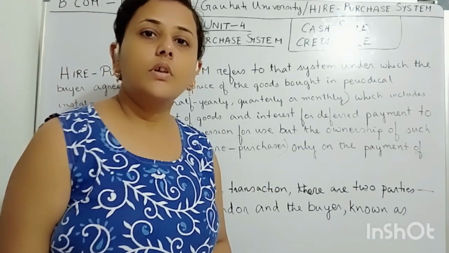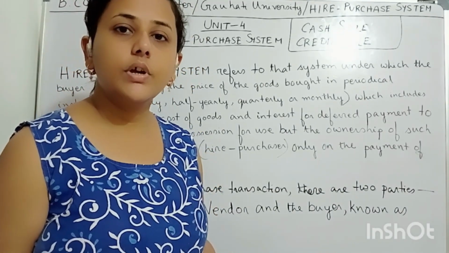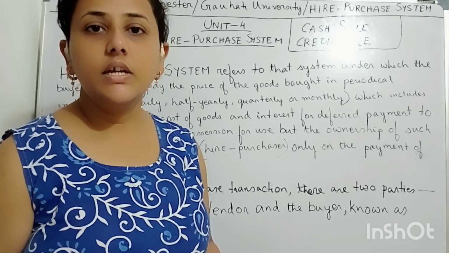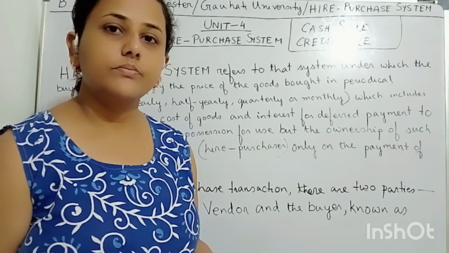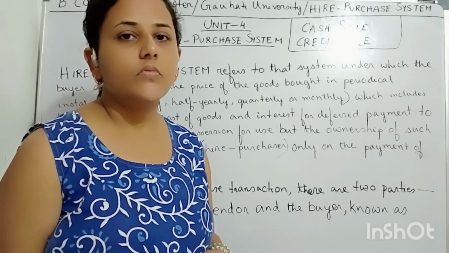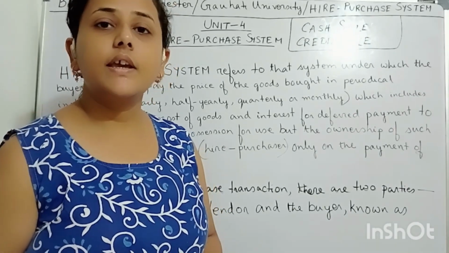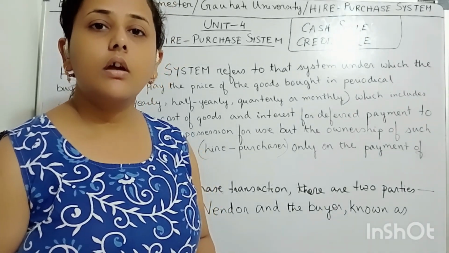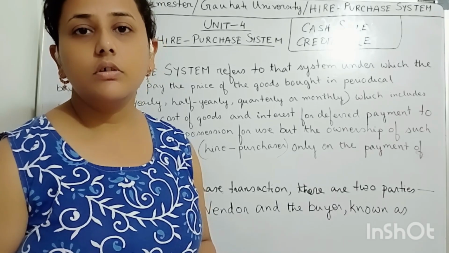Cash sale means sale of goods or an article in cash, where goods will be delivered and cash will be received. What do you mean by credit sale? It is sale of goods, and payment will be received at some future date.